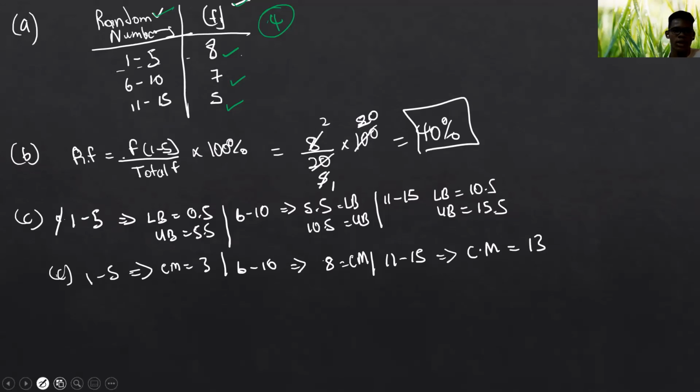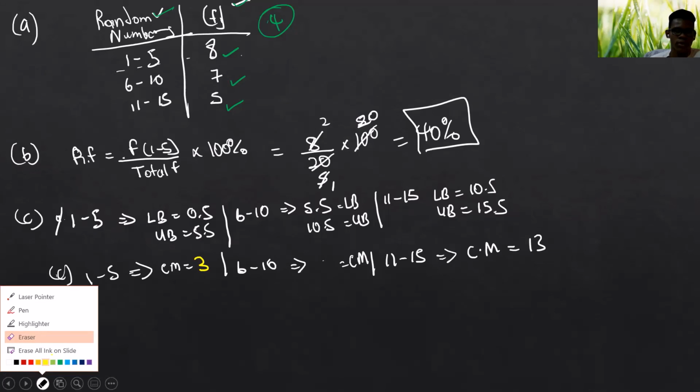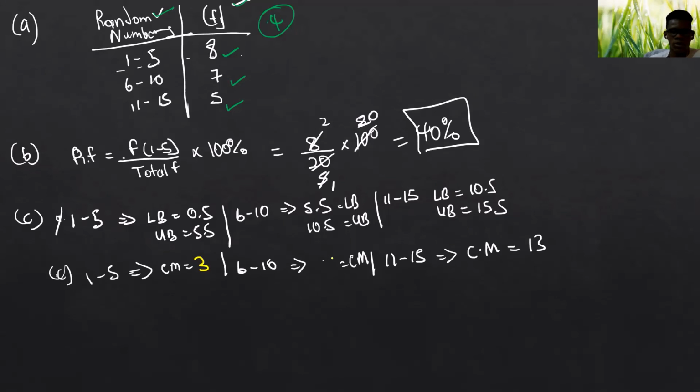What do you notice for your class midpoints? We saw a pattern for the limits, for the boundaries. Did you guys see a pattern for the midpoints as well? Hoping that you guys saw it.